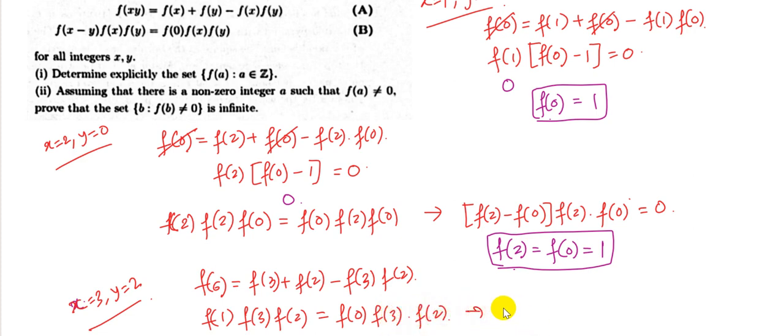So from there we'll get f of 1 minus f of 0 into f of 3 into f of 2 equals 0. Now f of 1 minus f of 0 is not equal to 0 because f1 is not equal to f0, and f2 is equal to 1. Therefore, f3 has to be equal to 0.